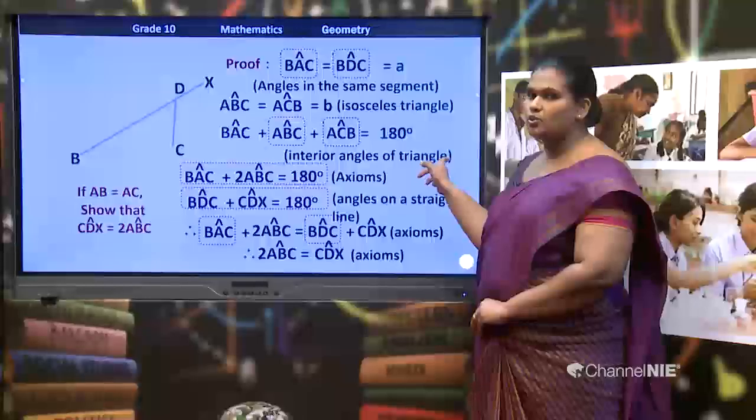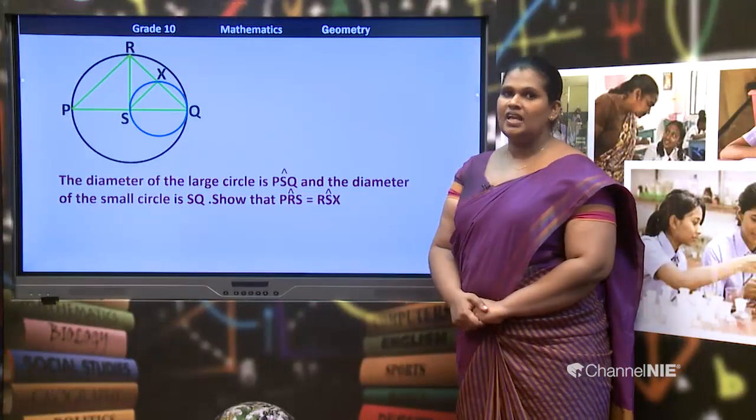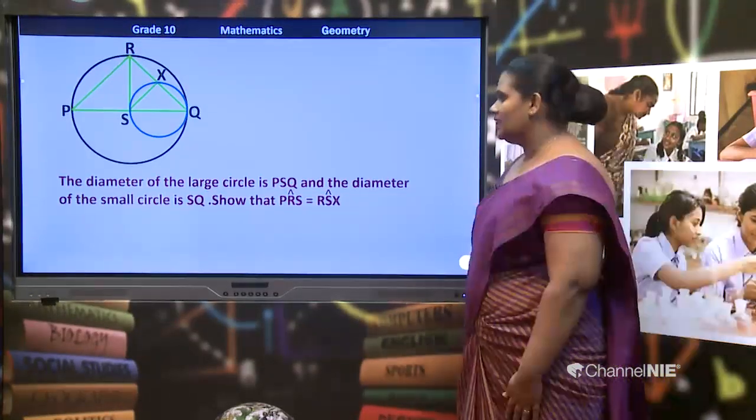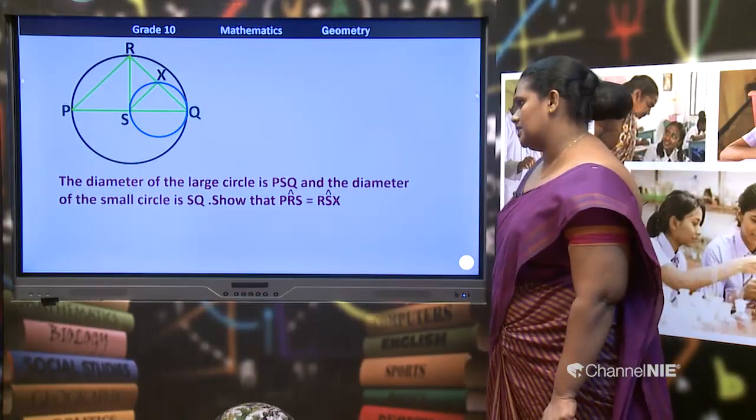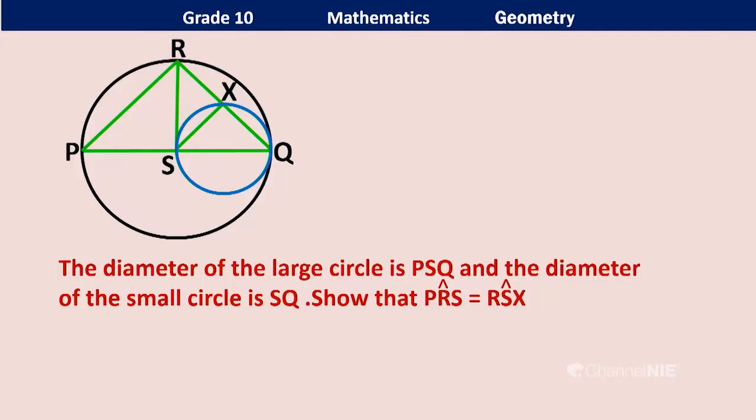So, we will move on to another question. Have a look at this diagram. The diameter of the large circle is PSQ and the diameter of the small circle is SQ. Show that angle PRS is equal to angle RSX.